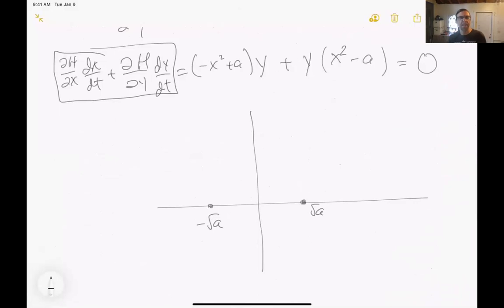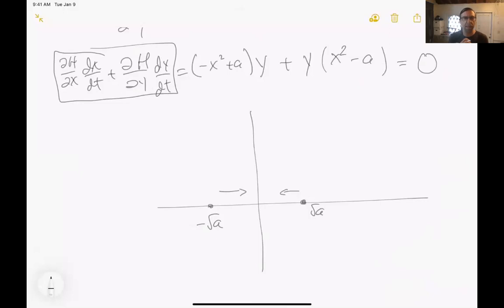Now think about a getting smaller and smaller. As a gets closer and closer to zero, those two equilibrium points get closer and closer together. Eventually, they converge right there at the origin. And then when a goes negative, suddenly they disappear, and we have a system with no equilibrium points at all.